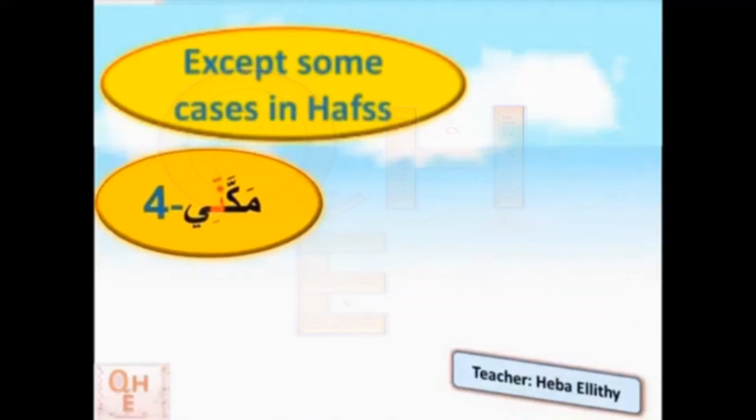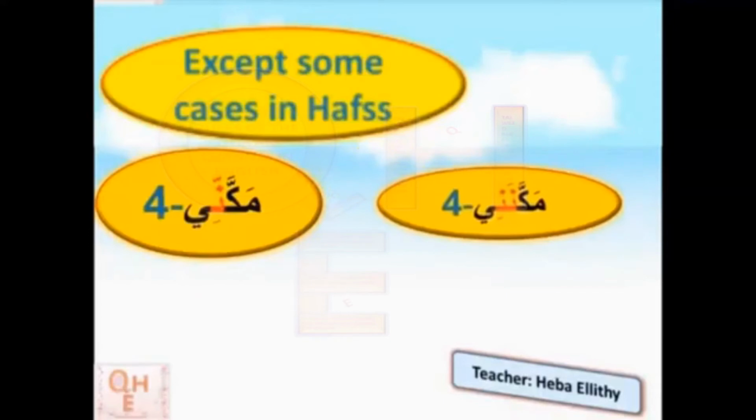Our next word, makkanani. We put sukun in the first noon, we keep the kasra in the second noon and we merge and it becomes makkanni. Again, I will keep saying this is riwayah. We don't do anything in the Quran.